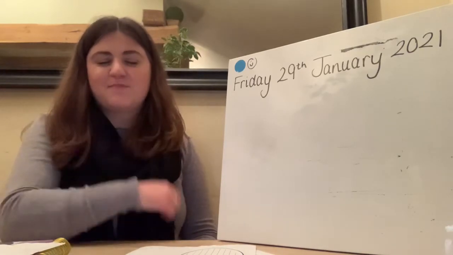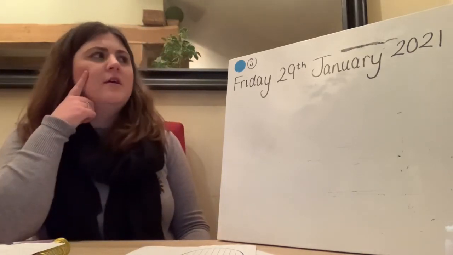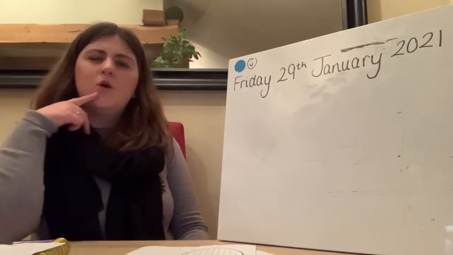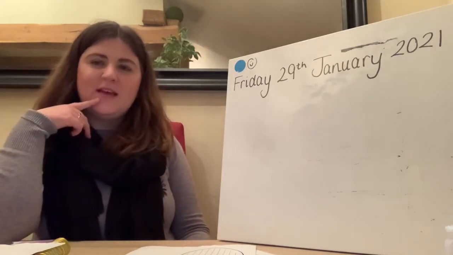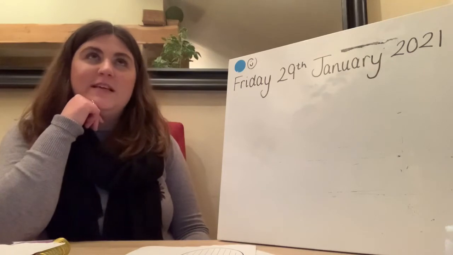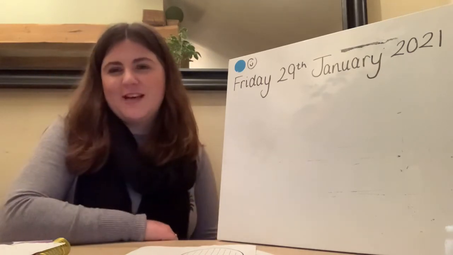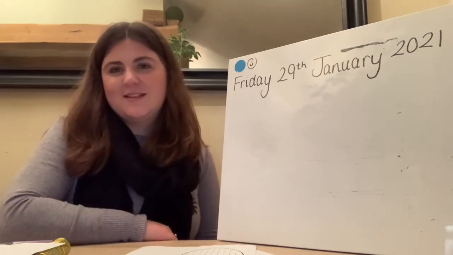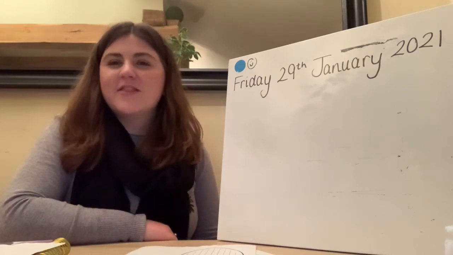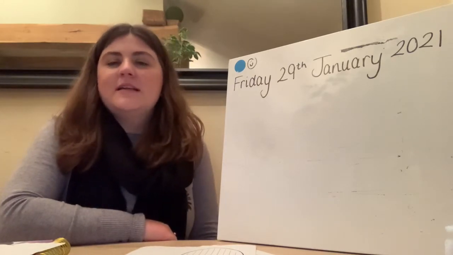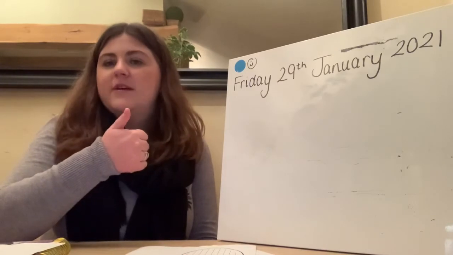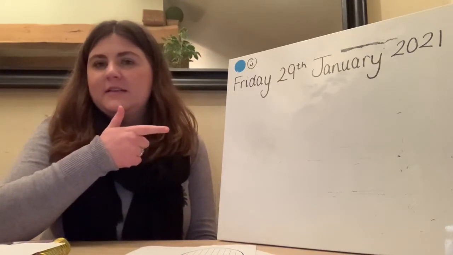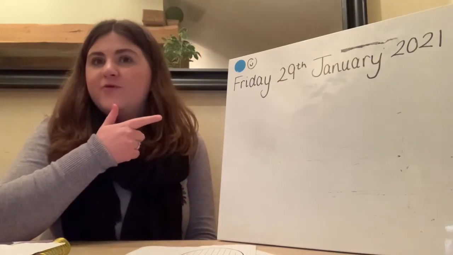Well done. Now I want you to have a think. What story have we been learning about this week? Can you remember what the name of the story is? That's right, it's The Gingerbread Man. Now, not only have we learnt the story, you have planned your own version of the story.